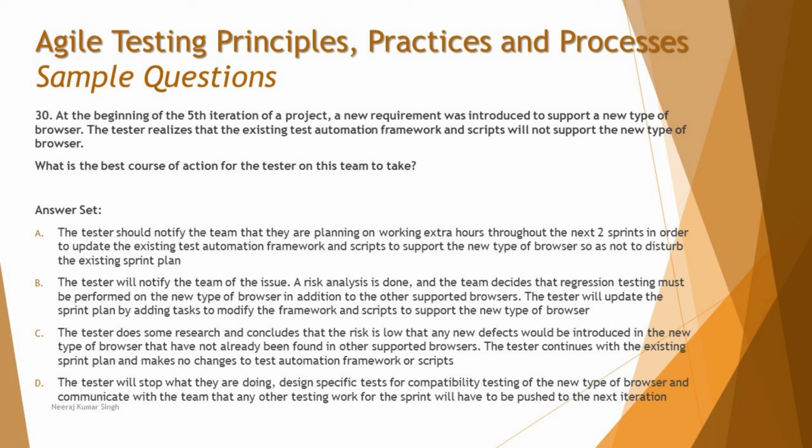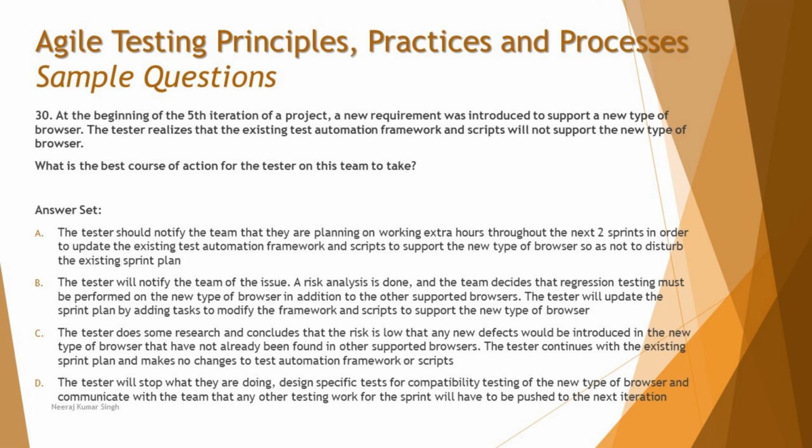Again, in this option, if you see the words, to determine scope of work, the issue will be addressed by creating a new story or modifying an existing user story and addressed by the entire team during the next sprint planning, right? So it's not that you just stop and disturb your regular sprint to accommodate something, and you never take a decision alone. You always have to involve the whole team in this decision making, right?